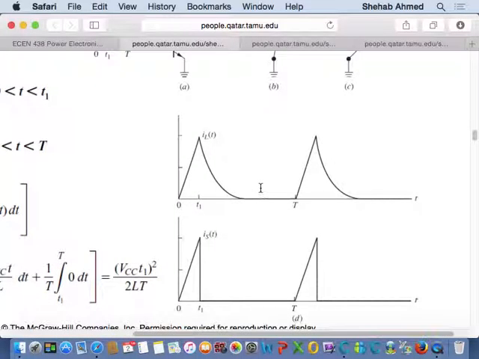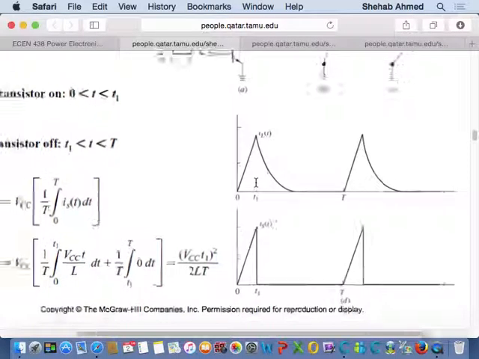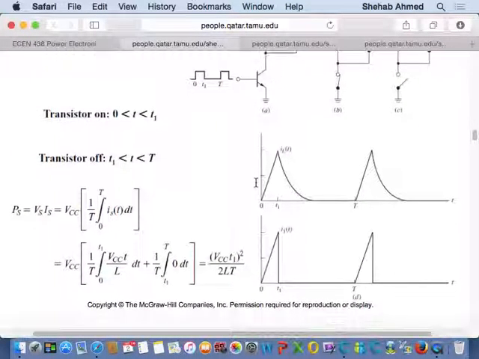So first, to derive the equation for the value of source power, or average power in this case, you have to draw the source voltage and current. The source is a DC source. Voltage is no problem. How about source current? Source current is only drawn from the source from 0 to T1. Do we all agree?